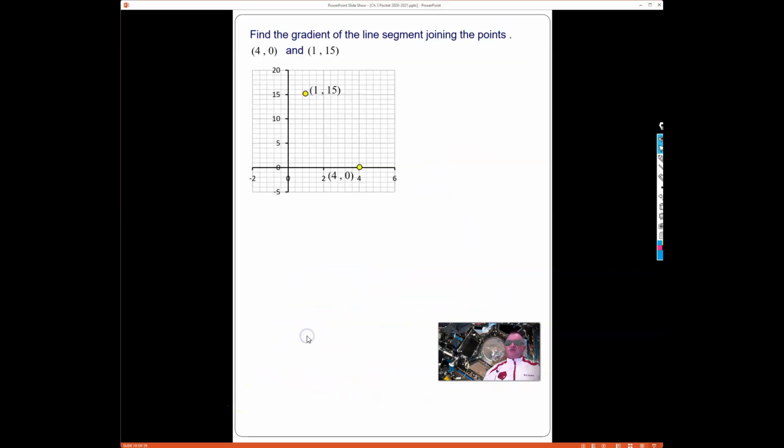All right, find the gradient of a line segment joining the points 4, 0 and 1, 15. Now this line falls, so we know that this is going to have a negative slope. Anytime you're checking slope, you're always working from left to right.